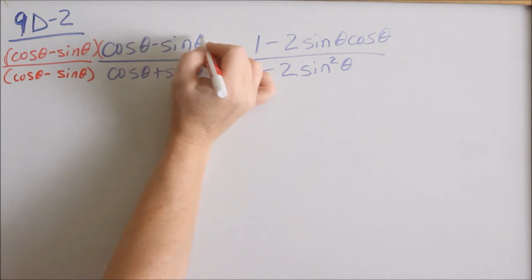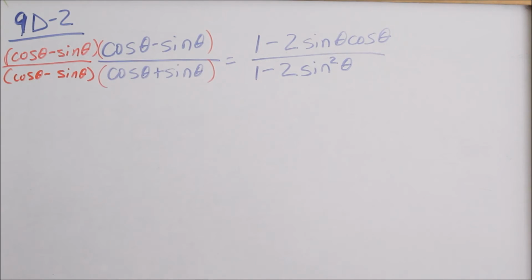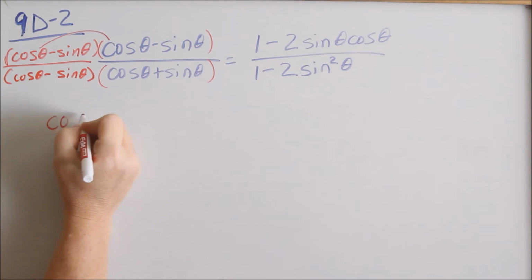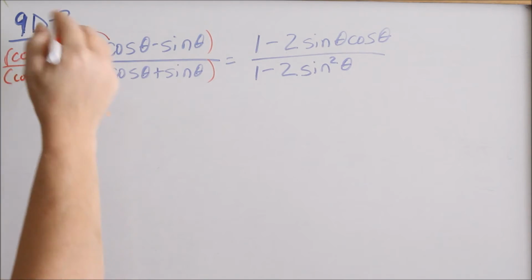So if I put parentheses around those, what I am doing is foiling this parentheses times this parentheses. It's the same thing that you learned in algebra, except now we're just using trig functions, okay? Foiling: first, outside, inside, last. So, cosine times cosine, cosine squared.